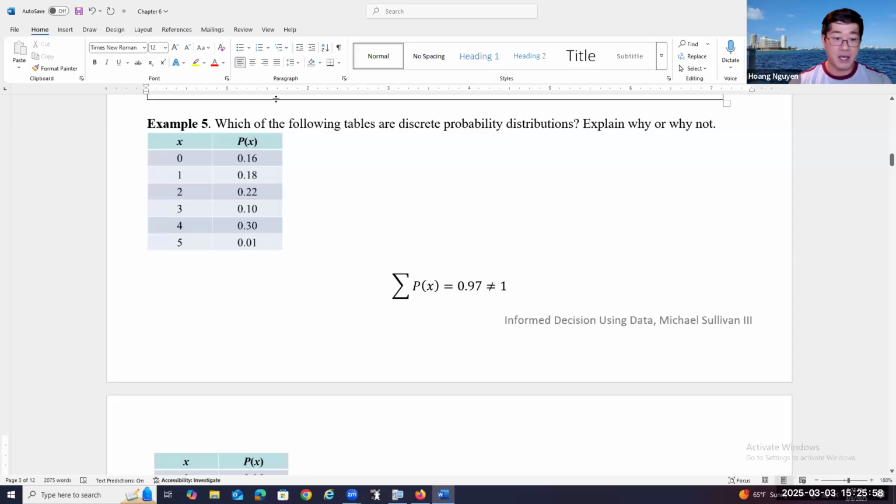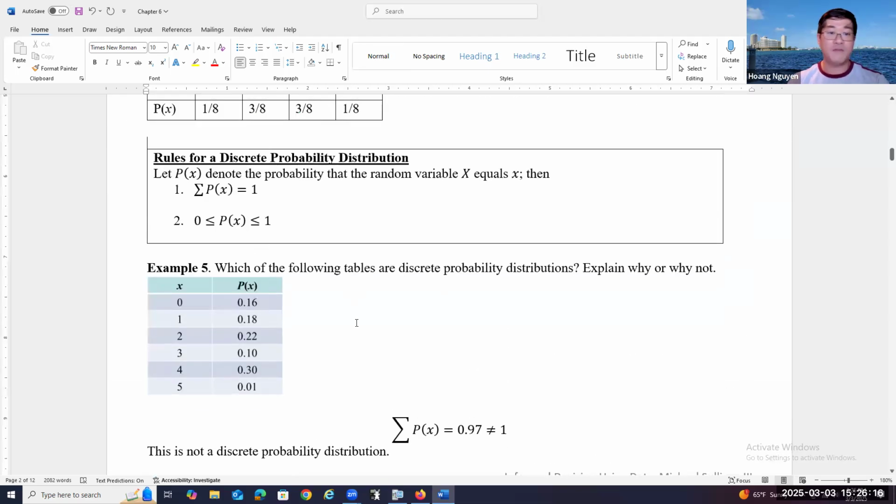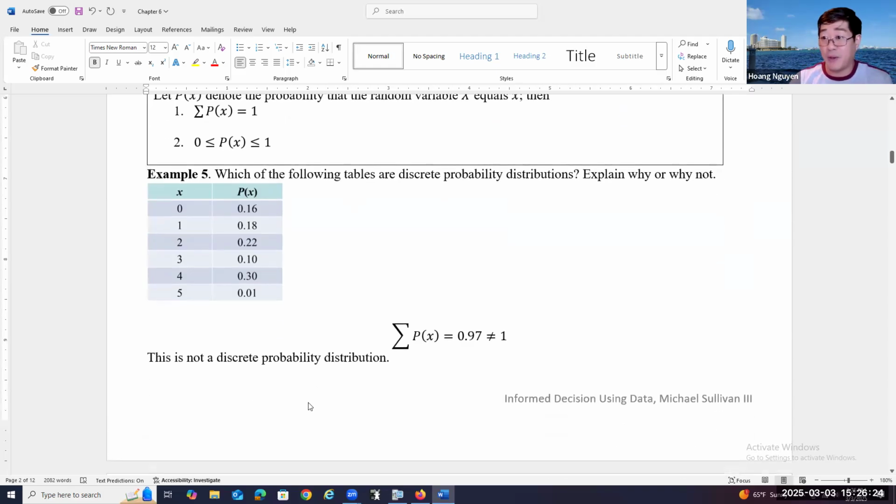So this is not a probability, or more specifically, this is not a discrete probability distribution. Because the first condition, we checked it and it failed. So that's not good. The first condition already failed. So that's why this is not a probability distribution.